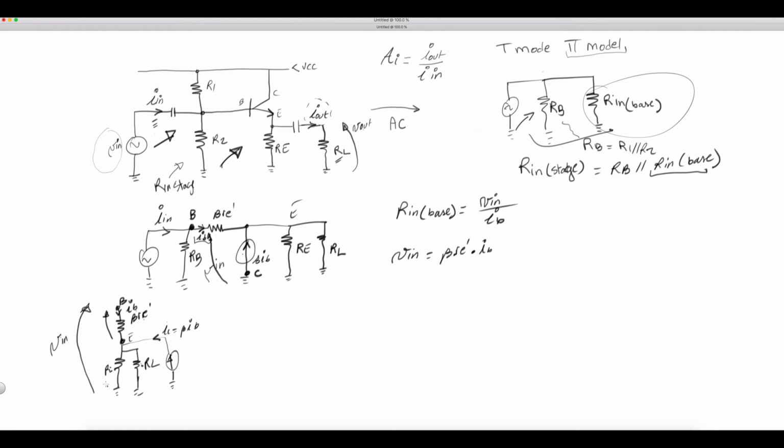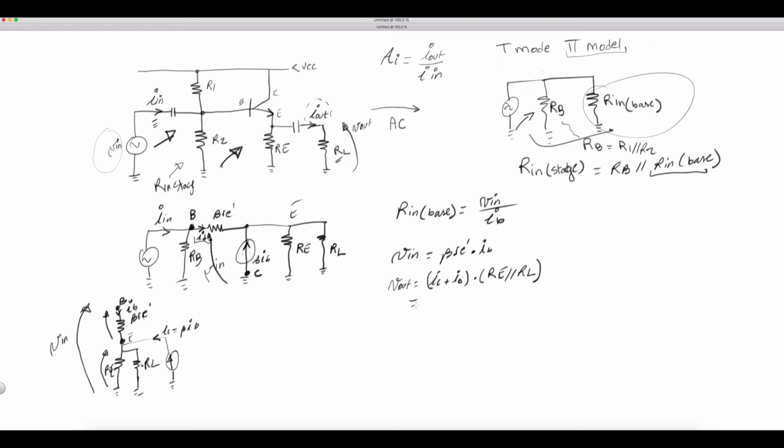So this voltage here is really V out. Let's write it up here. So V out here is equal to IC plus IB times RE in parallel with RL.